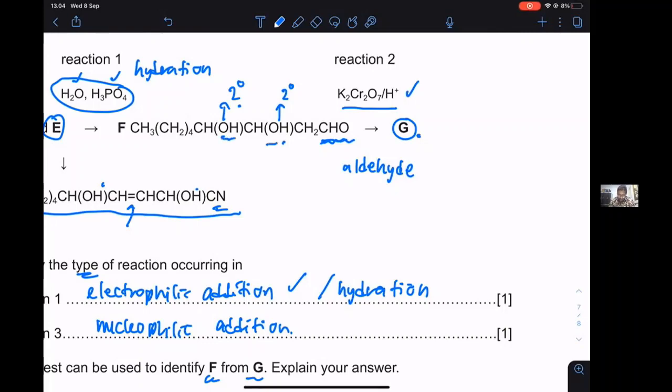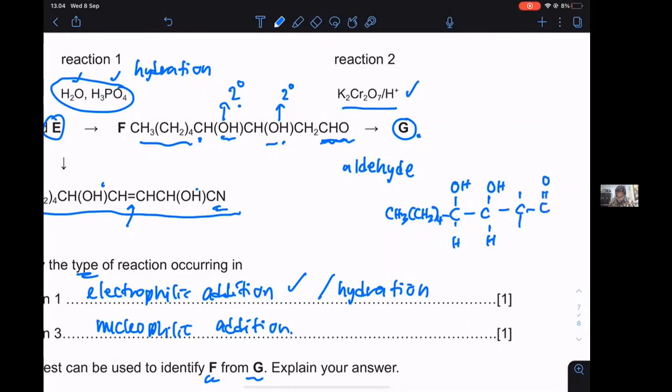If I'm just writing it down, I have C, H, and then this entire thing, CH3, CH2, 4. And then this one used to be OH, and then C, H, OH, CH2, CH, like this. What will happen?